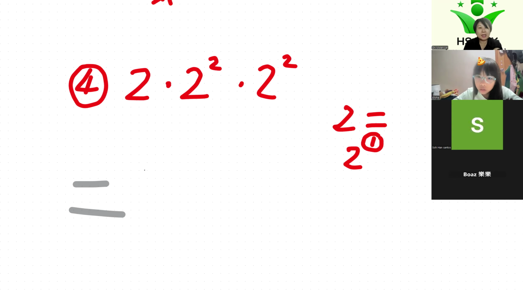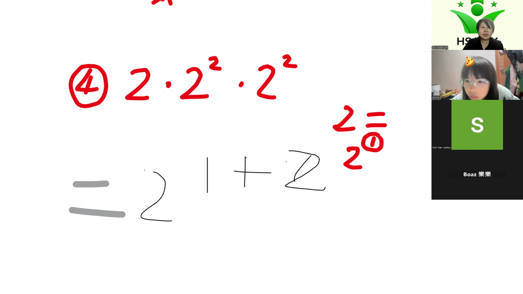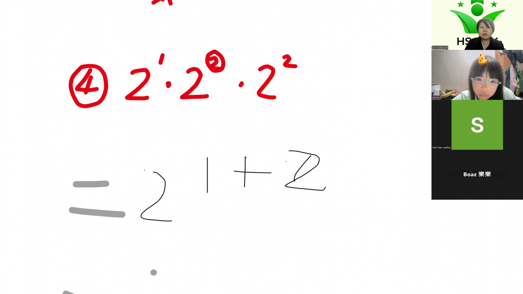This is 1, power 1. Yes. And then still have one more. This is 1, this is 2, and still have one more 2. Still have one more.